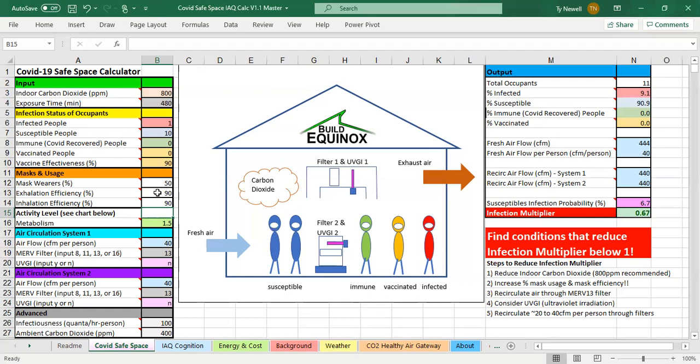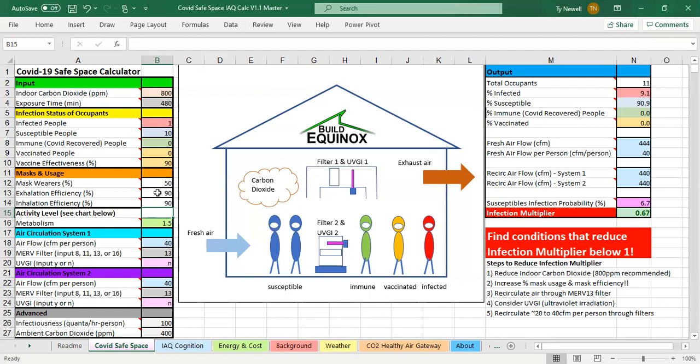We need those critical N95 masks to go to our frontline medical personnel, to go to our essential workers. But the KN95 still has very, very high performance and a very, very good fit on your face.